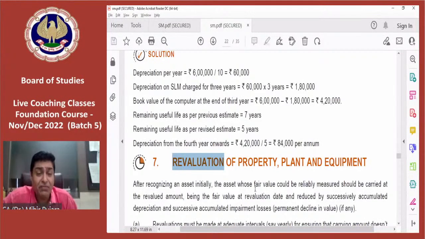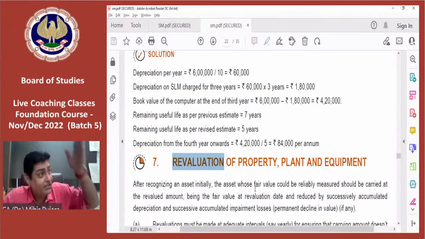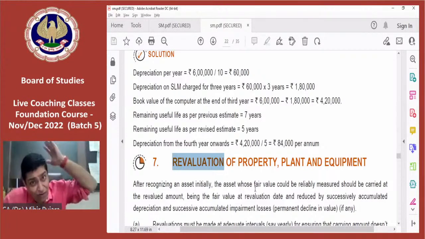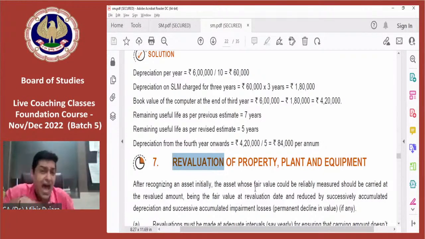And this is the point called revaluation of the value and revision in the number of years of useful life of asset. And guys, why do we need to revalue? Because this was estimated as on date of purchase. After 6-7 years, we need to be practical.